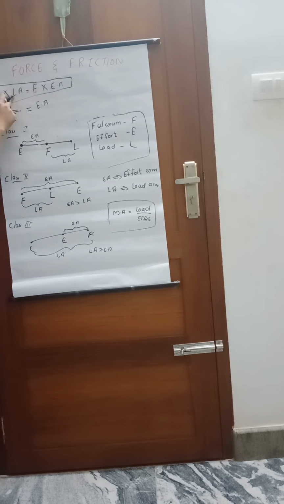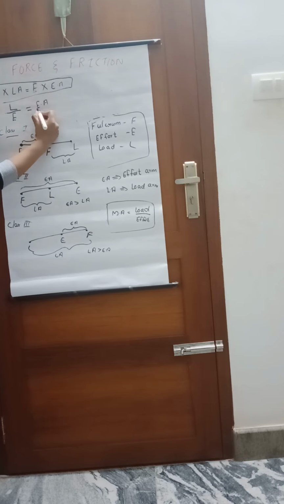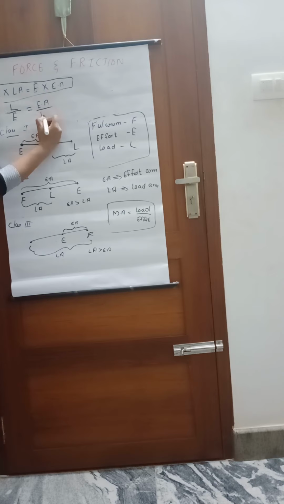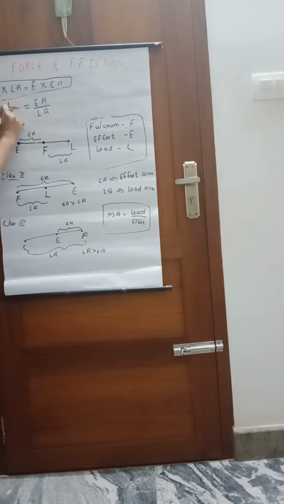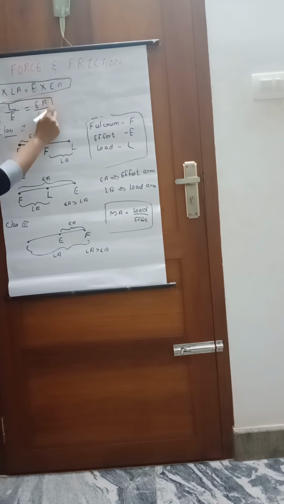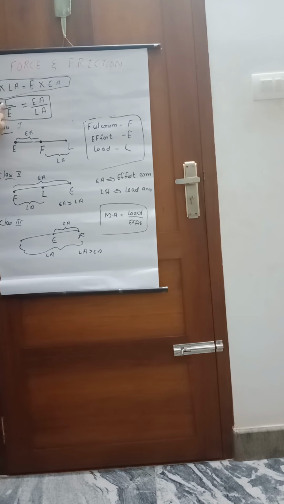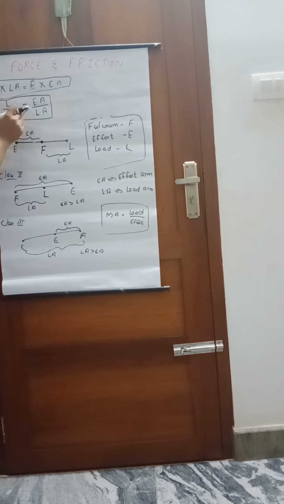Then this load arm, when it's coming to the other side of the equal sign, it will become division. Thus, by rearranging, we got another equation, that is load by effort is equal to effort arm divided by load arm.